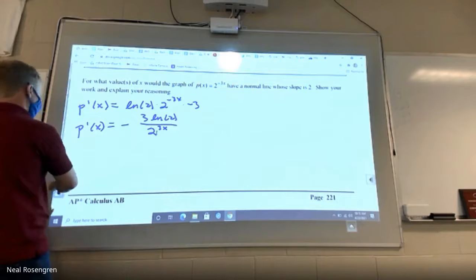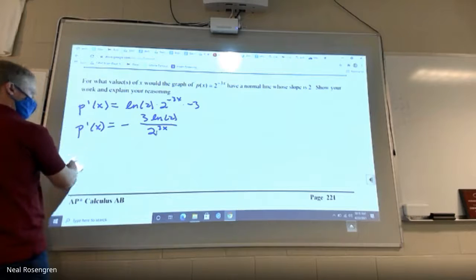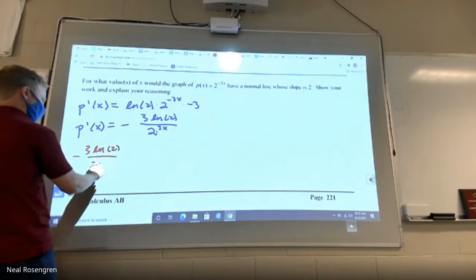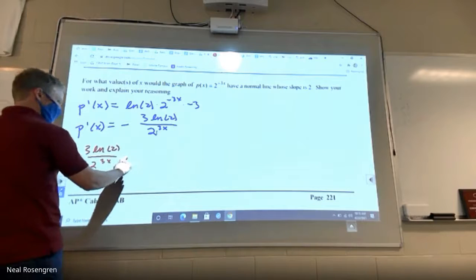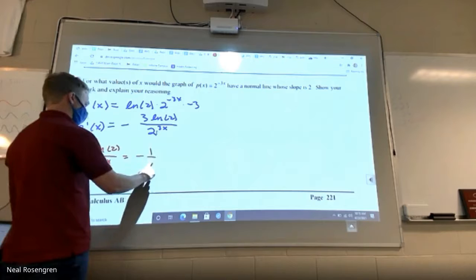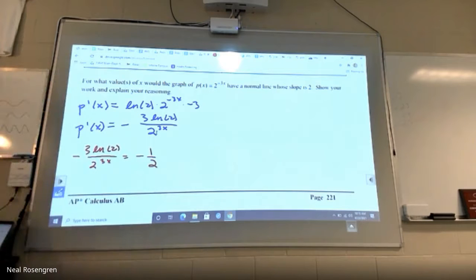What I really want to happen, oh, I haven't done this one yet. This will be fun. I want to take this and set it equal to the tangent line's slope that I want. So I don't set it equal to 2 because that would be the normal line. What I'm going to do is set it equal to -1. I'm going to solve it somehow.